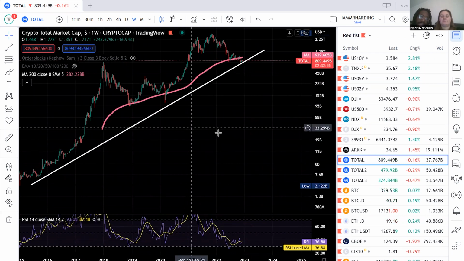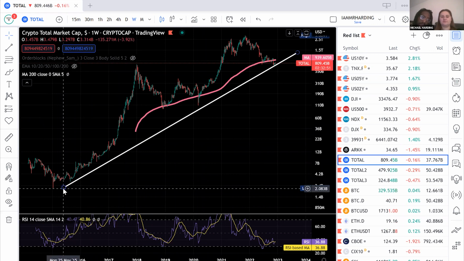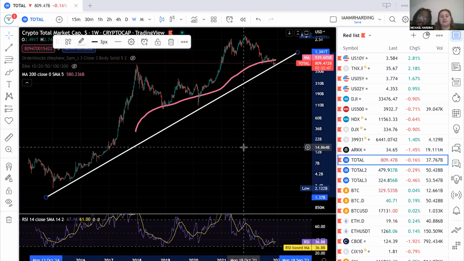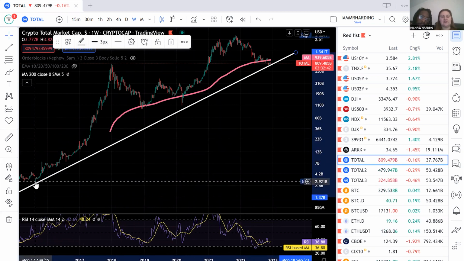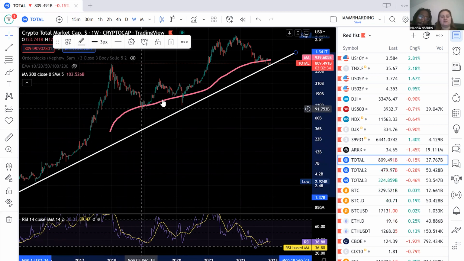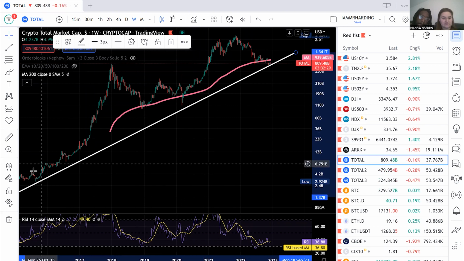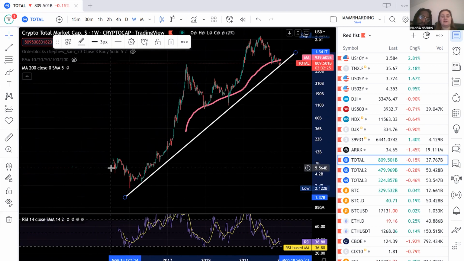So we can see it's actually still a bit of an uptrend. So guys, as you can see, the start of this white trend line is actually taking us back all the way to 2015, as you can see at the bottom of the screen. I think it was August 2015, right there.